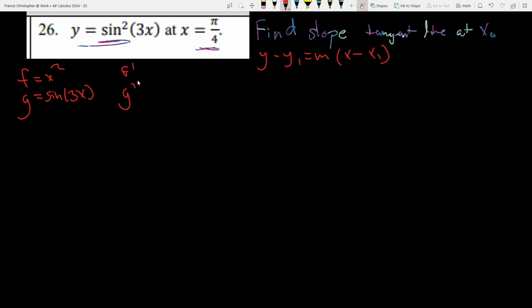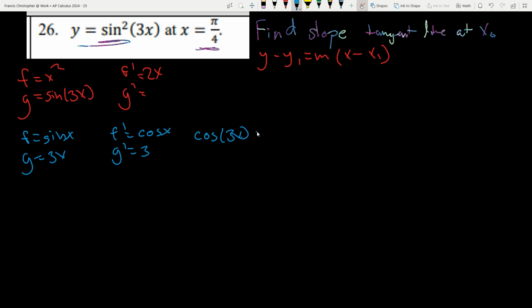F prime, G prime, 2x. And most of you can probably do this one in your head, but I'll use another table just for good practice. F equals sine of x, G equals 3x, F prime equals cosine of x, G prime equals 3, so cosine of 3x times 3.